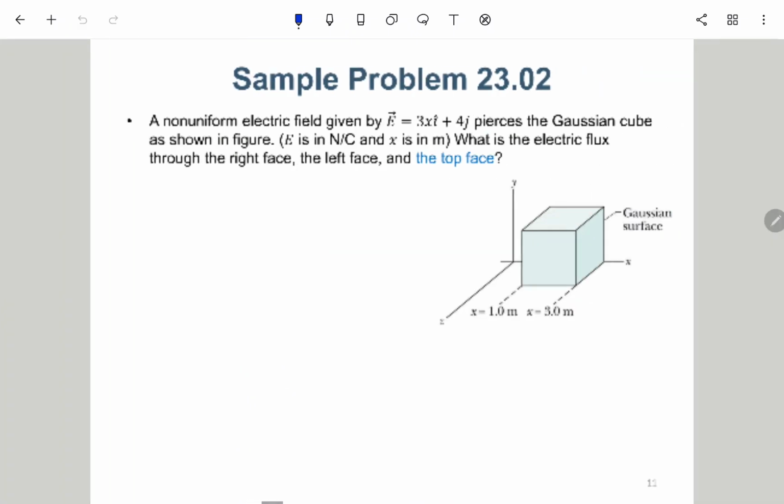Okay, so for the third case, the top face is here. So the dA is pointing upward, and this is the positive y direction, so it is j hat for the positive y axis.